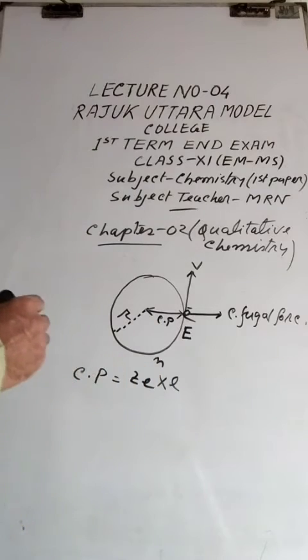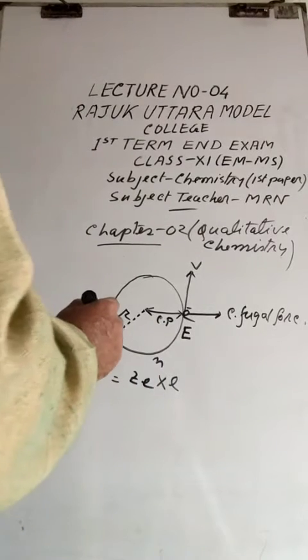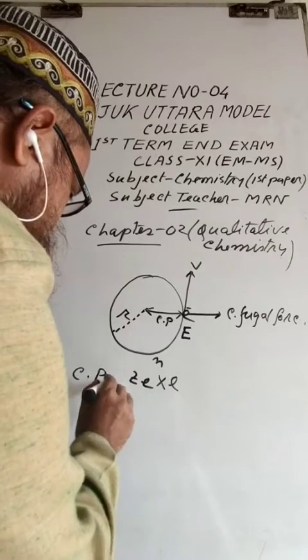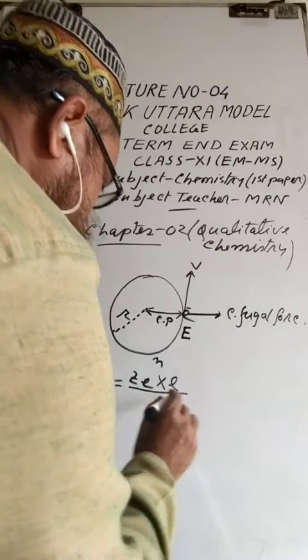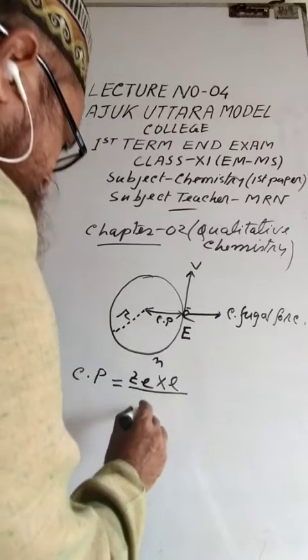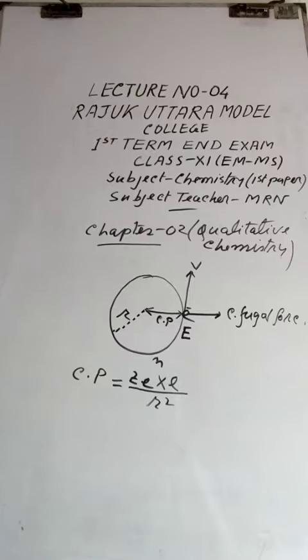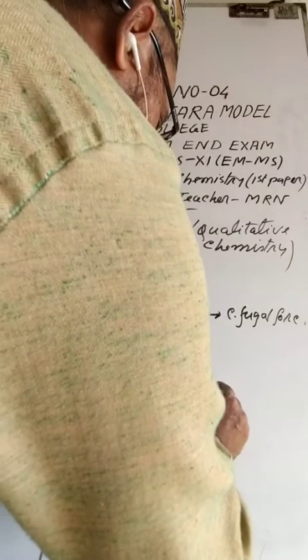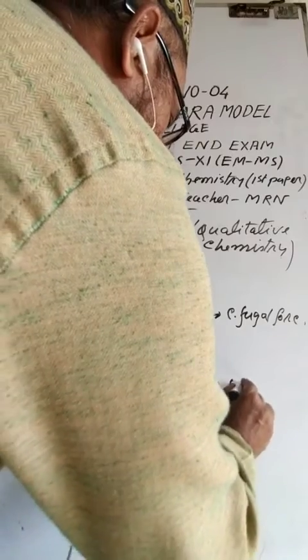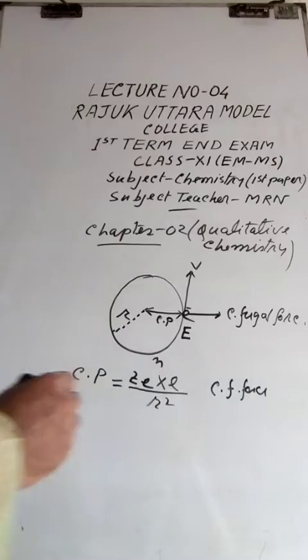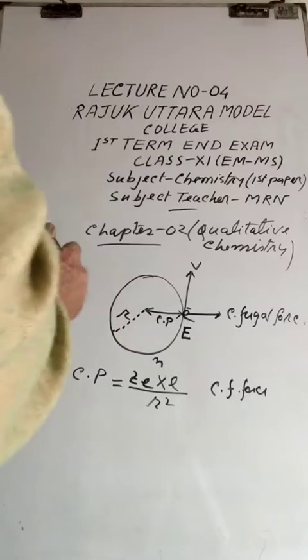And according to Coulomb's law, centripetal force equals Q1 Q2 divided by R square. So this is centripetal force. Now centrifugal force works against the centripetal force.